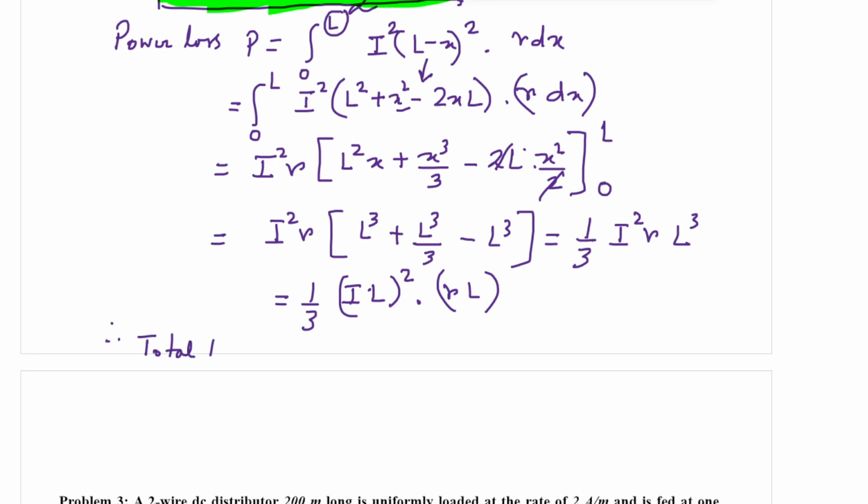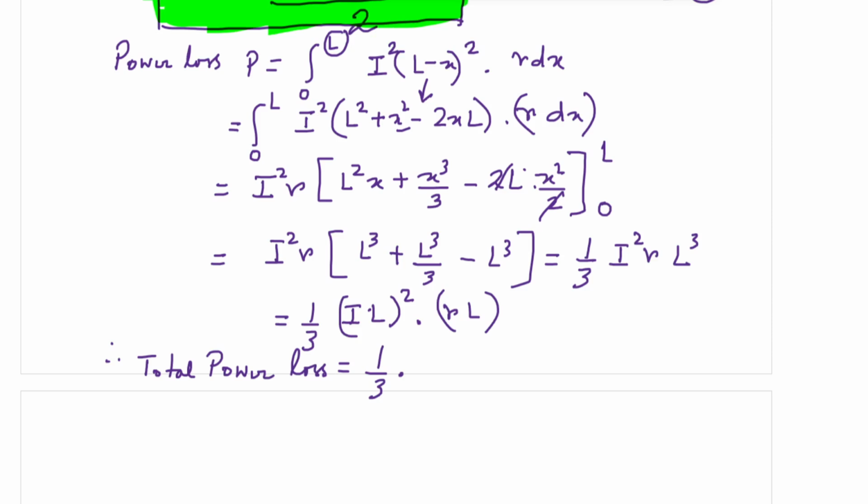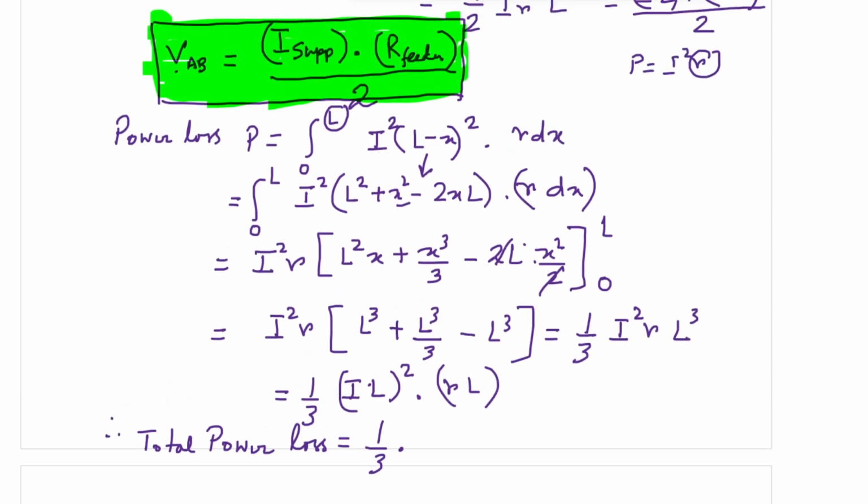total power loss is equal to 1/3 into, now I L means this term I supplied. Okay, I L means the total supply current, I supplied square, and R L means the total resistance of the feeder.